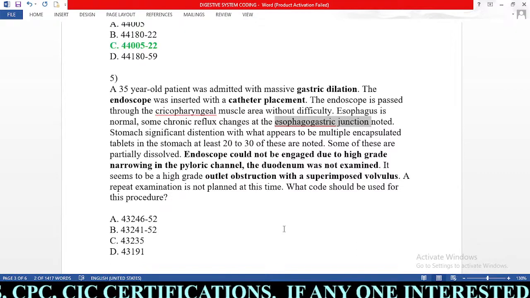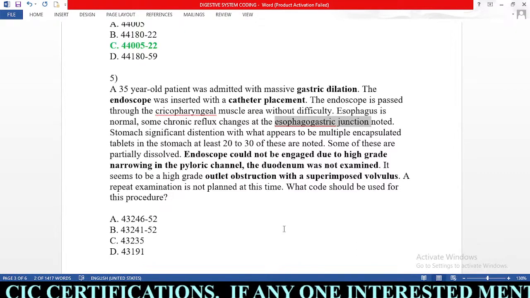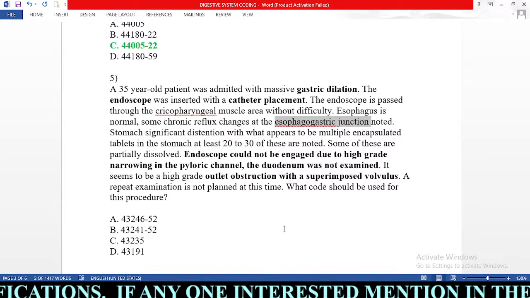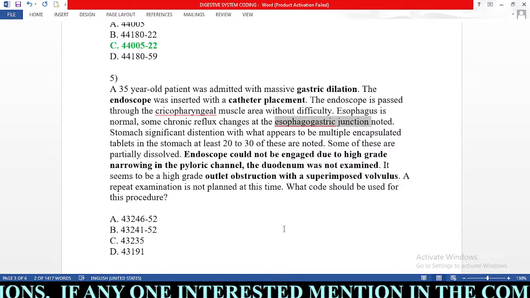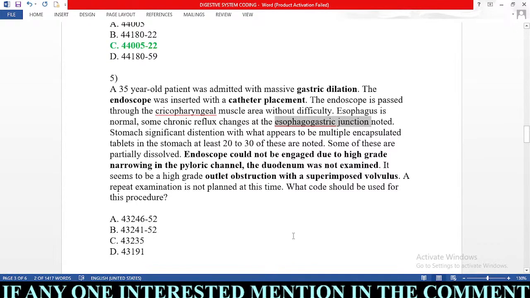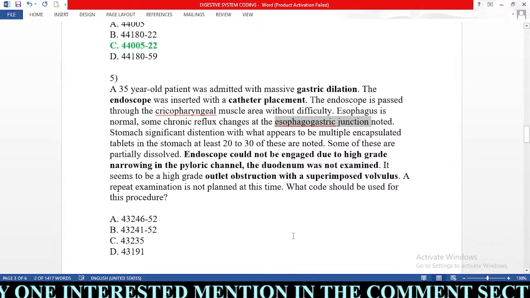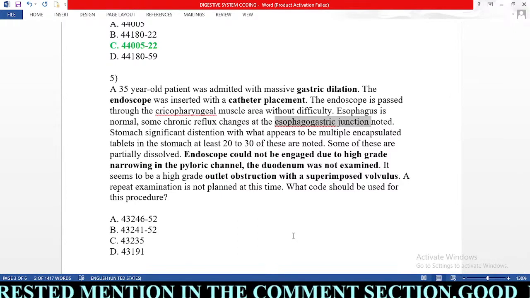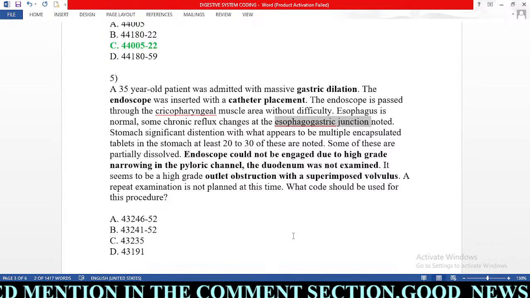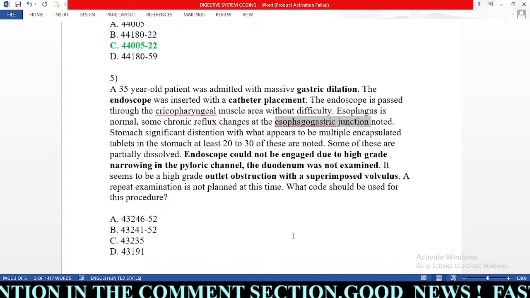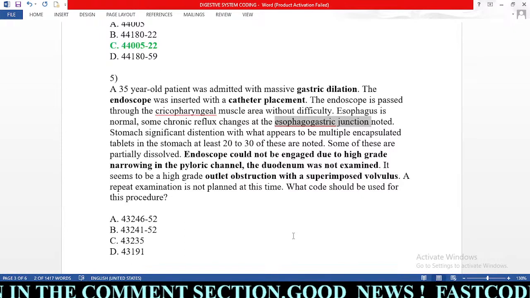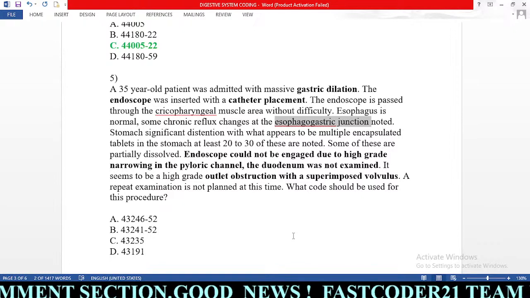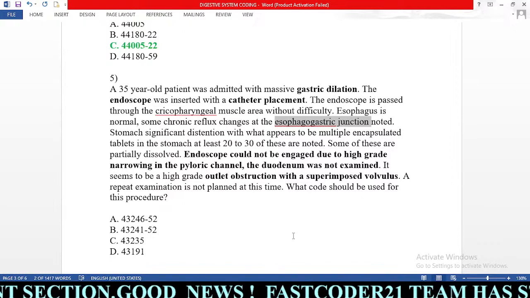So we are left with A and B, 43241 and 43246. We need to check those answers. What is 43241? 43241 is EGD with insertion of intraluminal tube or catheter. 43246 is with directed placement of percutaneous gastrostomy tube.